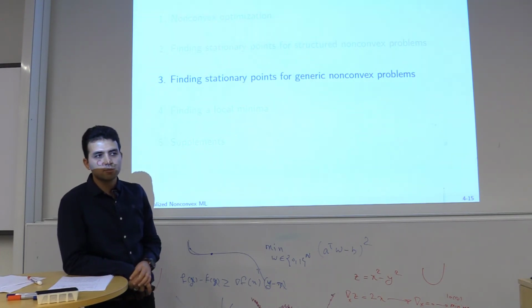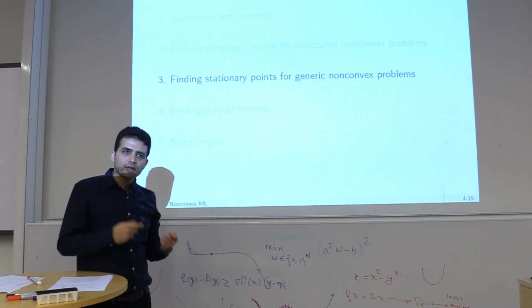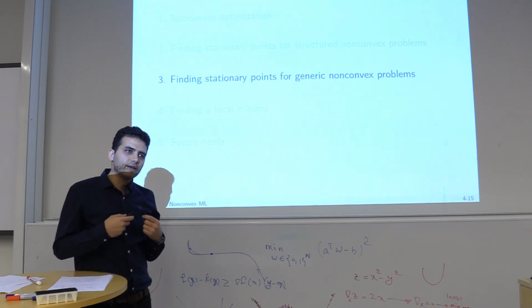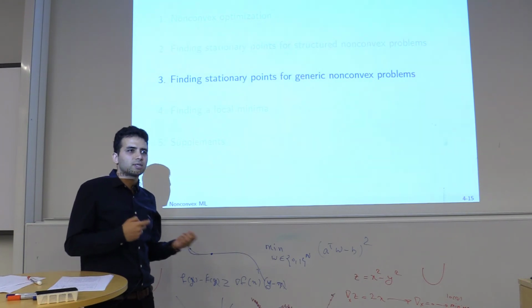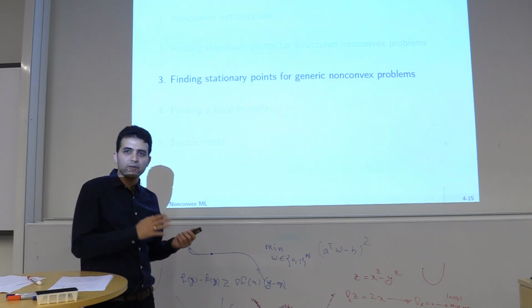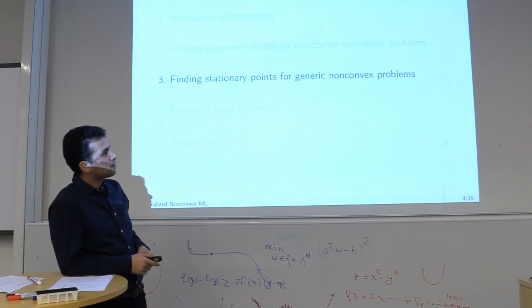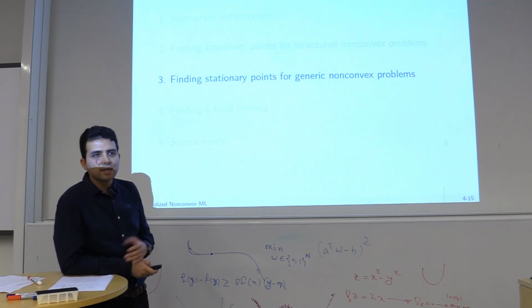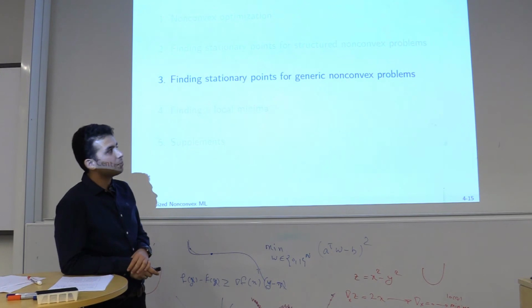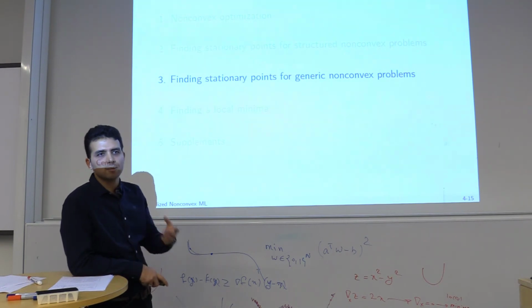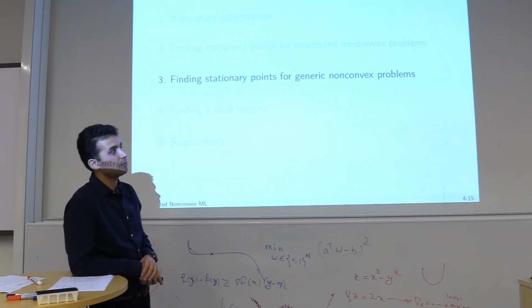For some other functions, it might be that we can show some weaker inequality holds, and for the case of one-point convexity, the function doesn't have to be convex everywhere, but it should be convex around W star. And if so, then that's it. We can again solve those problems. May not be to optimality, because that W star doesn't have to be the optimal point, but W star is just some point, and then we can converge very fast to that point.